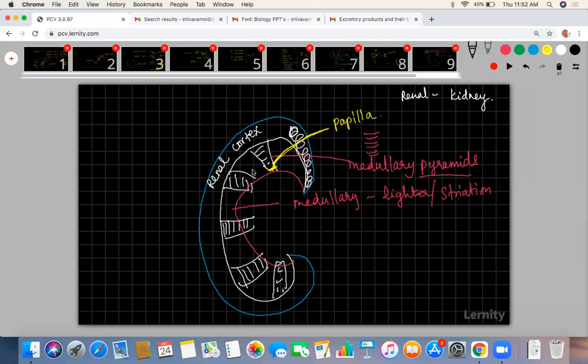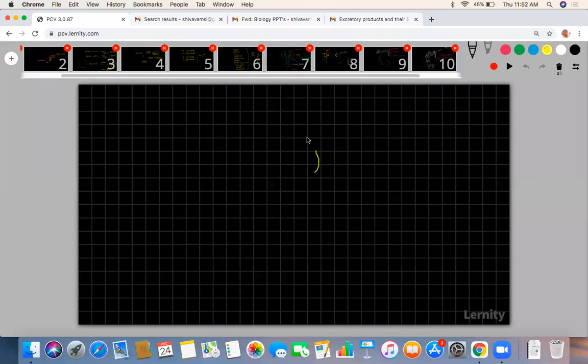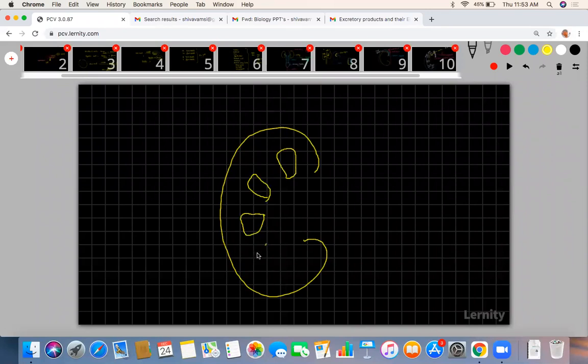Okay, it is called the renal papilla. Now if you look into this particular kidney, this is the renal pyramid, this is the renal pyramid, and so on.